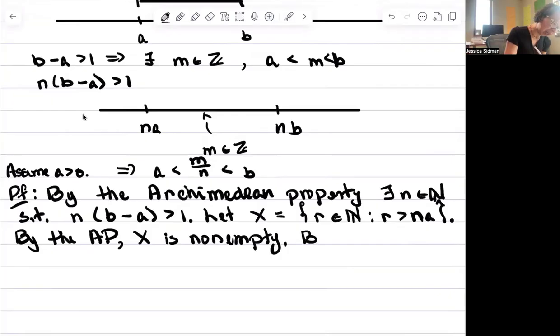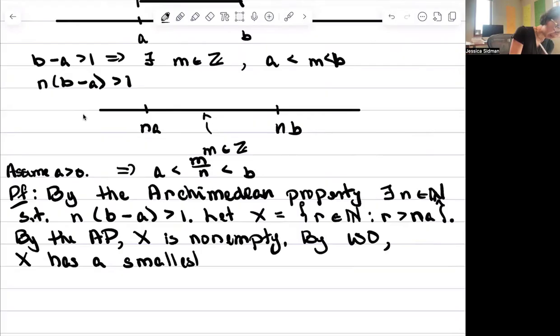By the well ordering principle, X has a smallest element, and let's call that element m. Okay, that's the integer that's going to be between na and nb.